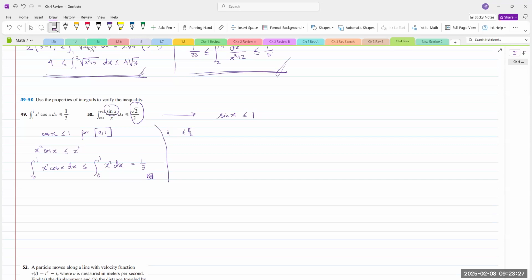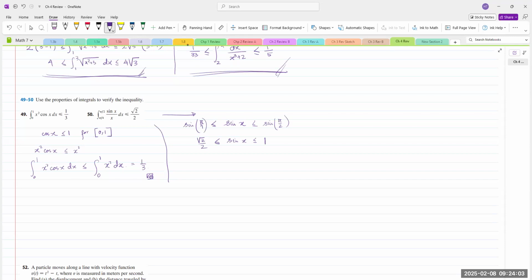Yeah, let's compute that first then. So in that interval we know that sine is increasing, right? So the lower bound is sine pi over 4, the upper bound is sine pi over 2. So it is bounded below by radical 2 over 2 and bounded above by 1.